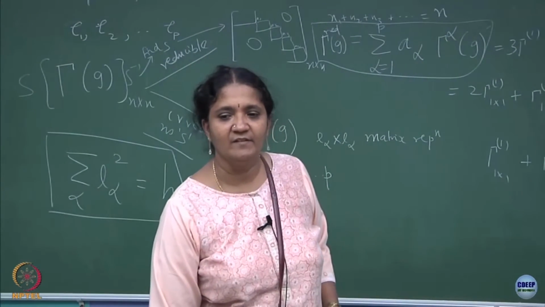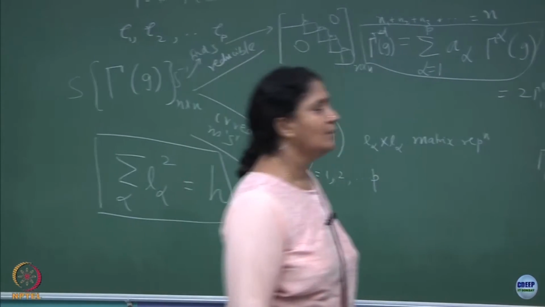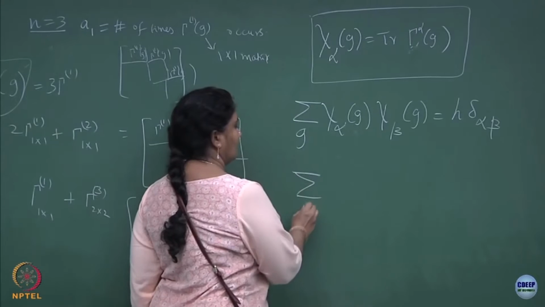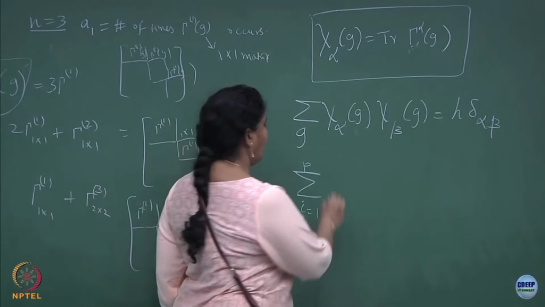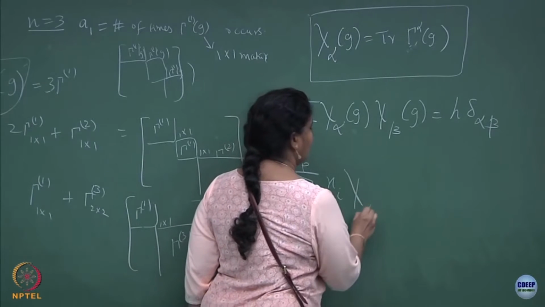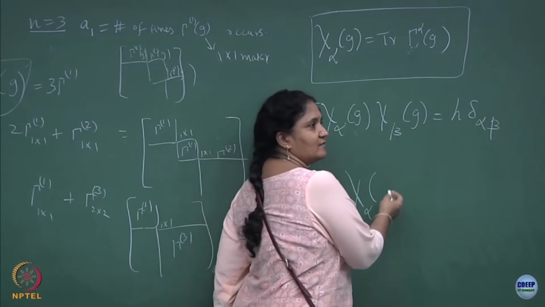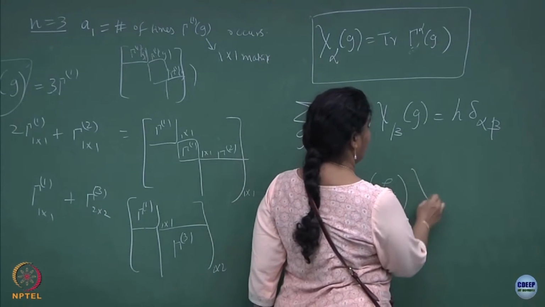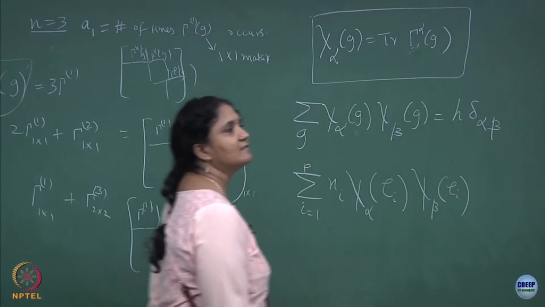Equivalently, since the character within the class is the same, you could replace this by a summation over classes, 1 to p, the number of elements in the class i, and then you have the character for the irrep alpha for a candidate in that class, which you can take formally as Ci, and chi beta for the candidate in the same ith class.